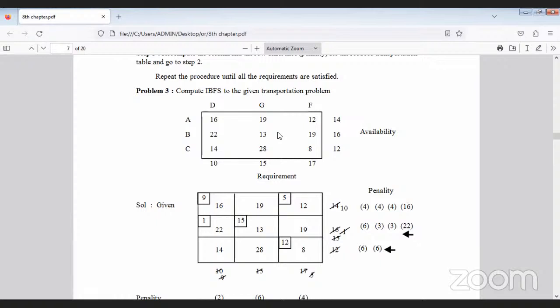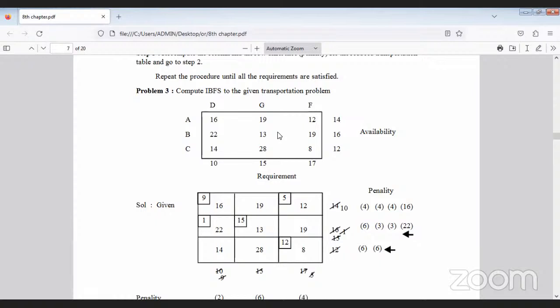The first was 47, right, ma'am? 47 sir, second one 54. 47 and 54, what is the difference? 7. Sir, 7 is the difference.